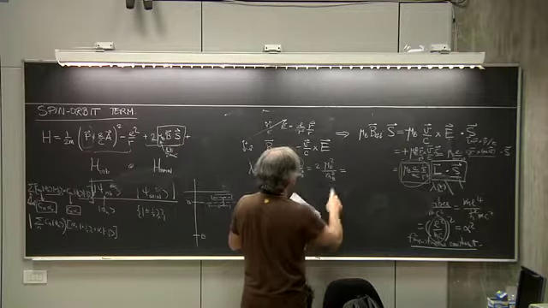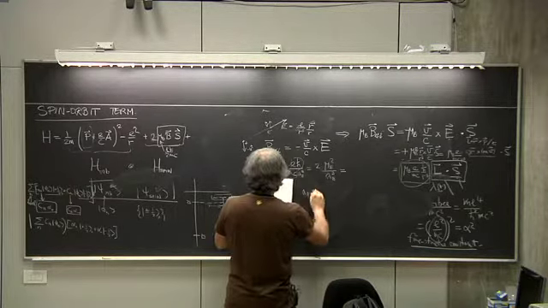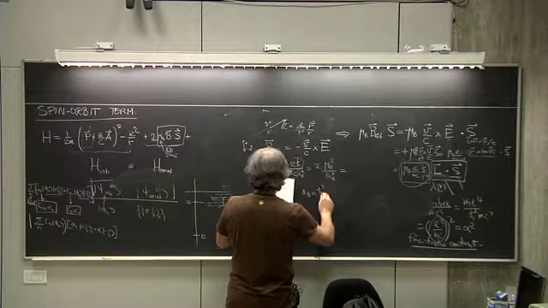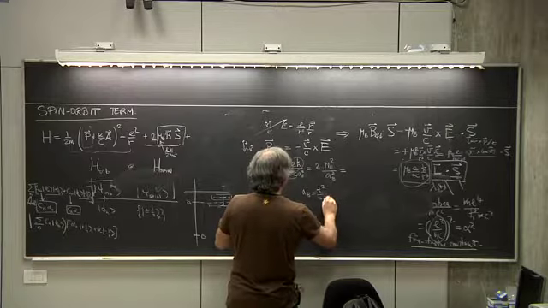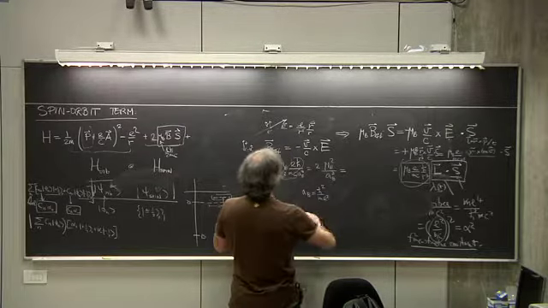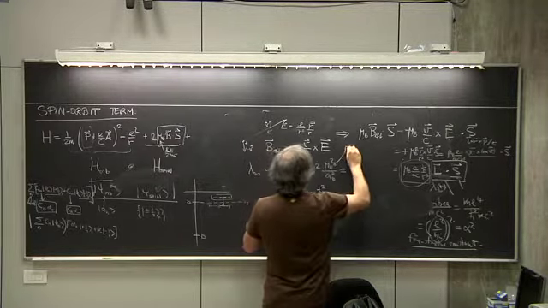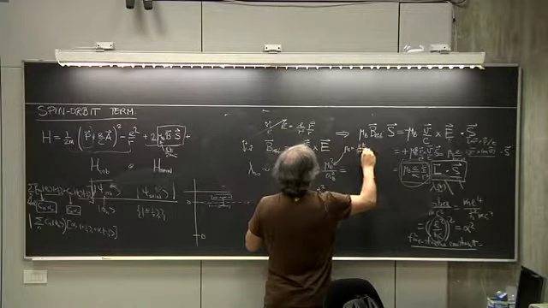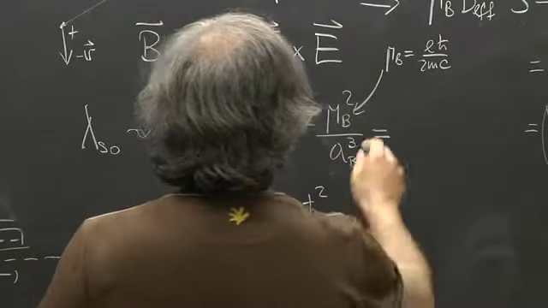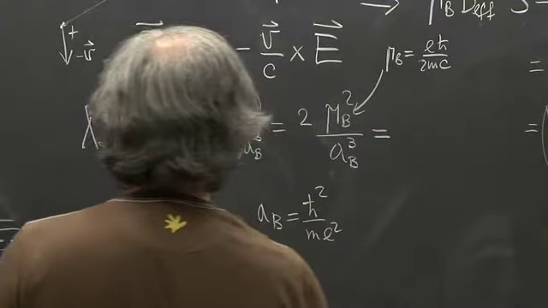mu_B. So for instance, a_B is equal to h bar square over m e square. And mu_B, as we said, is equal to e h bar over 2mc. So let's see. All in all, I have here 2.